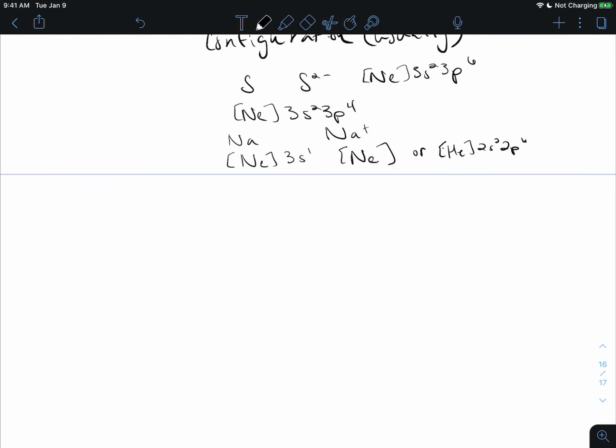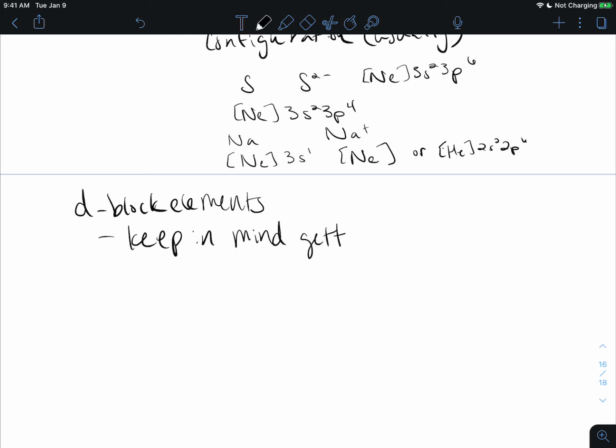With our D block elements, we need to take into account if we have a full-filled or half-filled option. So keep in mind getting to half-filled or full-filled states.